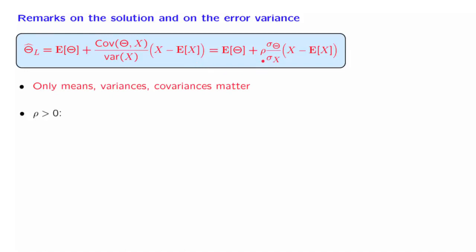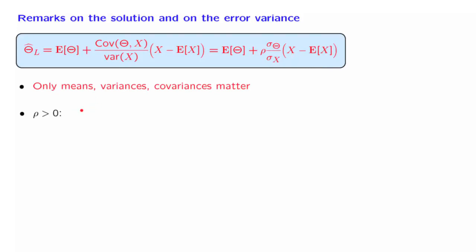Suppose that the correlation coefficient is positive. Then what does this estimator do? It starts with a baseline estimate, which is the expected value of theta, and then provides us with a correction term that's based on the data.